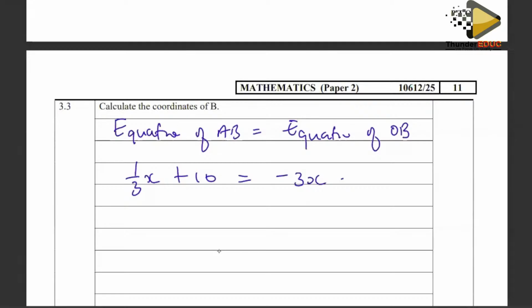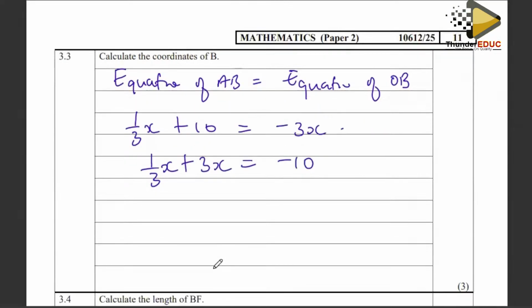Let me collect the like terms. 1 over 3x plus 3x is equal to negative 10. When I do my magic here, I have 1x plus 9x, which is 10x over 3, equal to negative 10. Cancel the 10s.